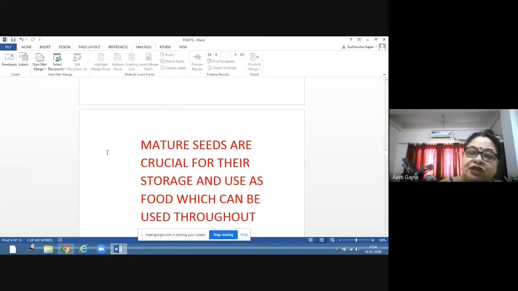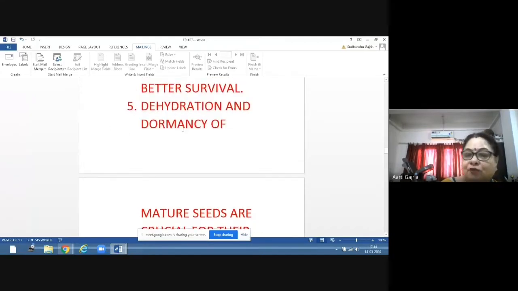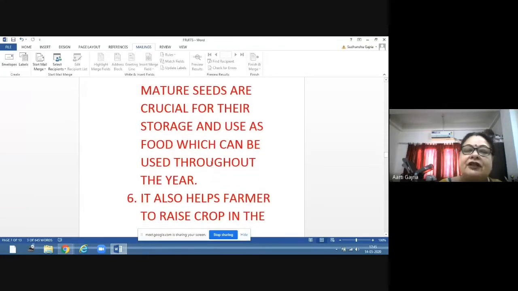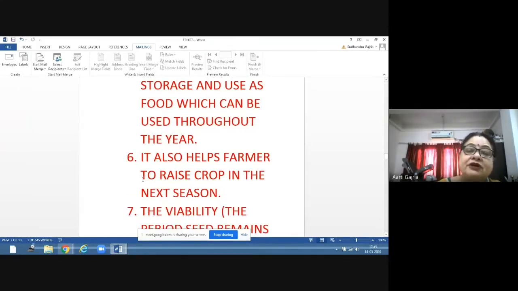We can store them and use them as food because they are in the dormancy state and they have been dehydrated. So we can use them throughout the year. Seeds also help farmers to raise crops in the next season. Because the seeds are dormant and dried, they can be stored, and that's why the farmer can use the seed to grow the crop in the next season.